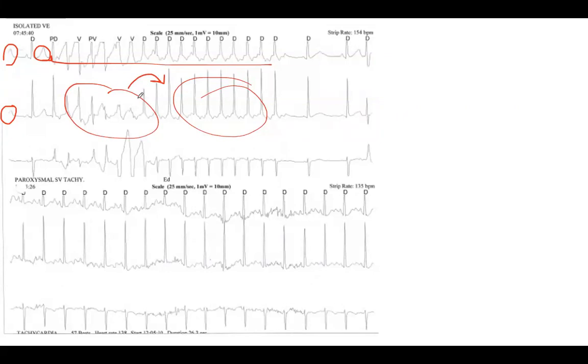So what do you think of if the tachycardia starts wide and then narrows down? What is the term for that? Aberrancy. Right. If you have a wide QRS at the onset of the tachycardia that then narrows down, this is called SVT with aberrancy. You have an aberrant conduction initially because the bundles are not ready for fast conduction.